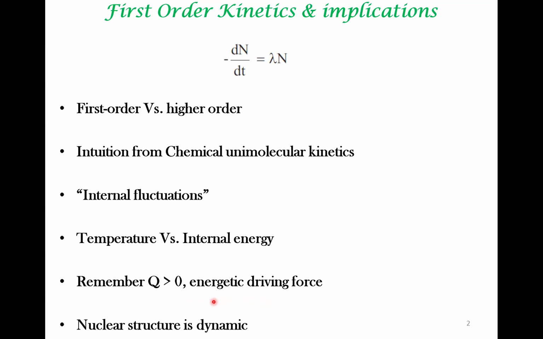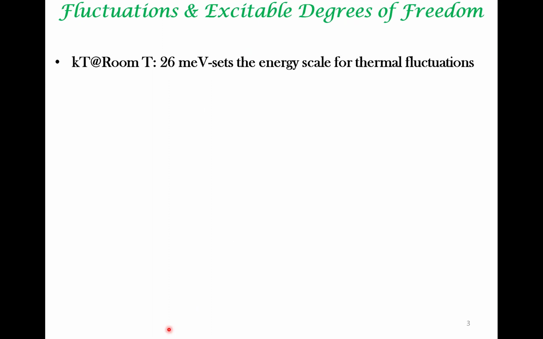Whenever there is such a propensity, we can also anticipate that the nuclear structure might show some fluctuation, which is indicative of this propensity to change from the reactant to the product states.